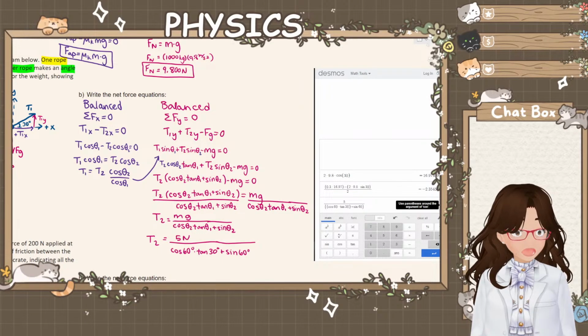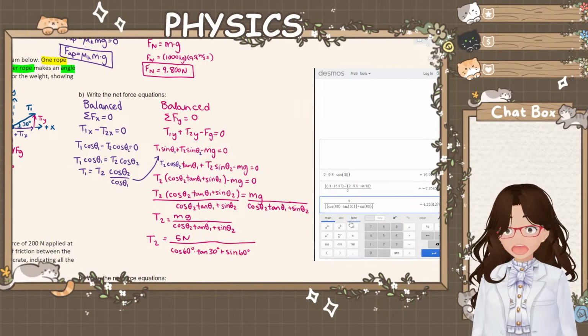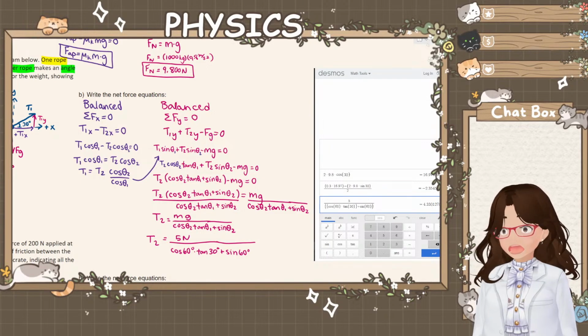Use parentheses around the argument of cosine. Okay, there we go. And we would get that T2 is going to be 4.33 newtons.